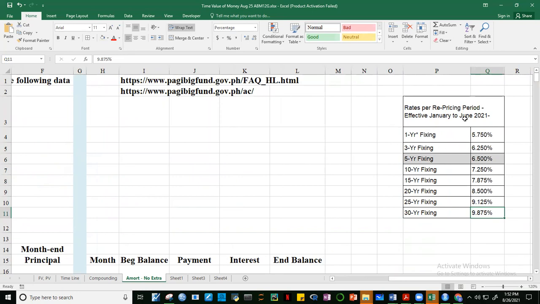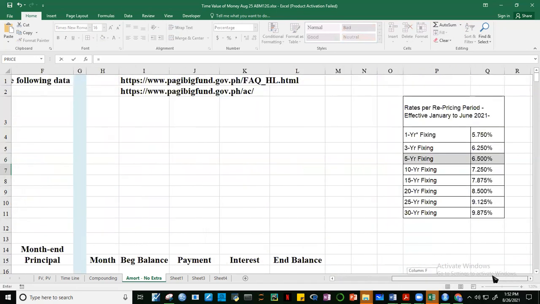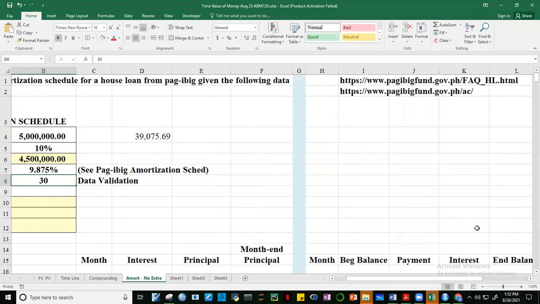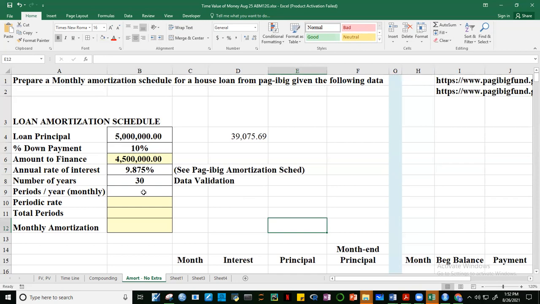Okay, I copied this one from Pag-ibig. So lagyan natin dito para mas may link tayo. Is equal to this one, 9.875. Okay, 30 years siya, no? 30 years. Therefore, monthly kasi pag naglo-loan tayo sa Pag-ibig, monthly yung payment niyan.